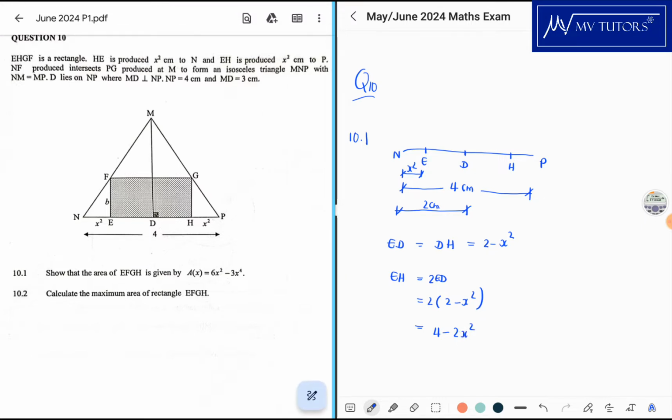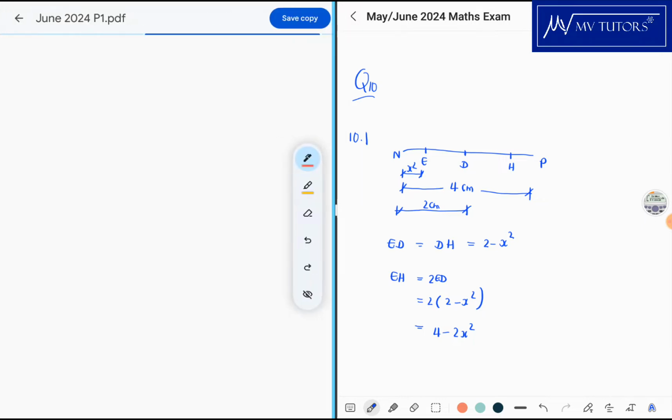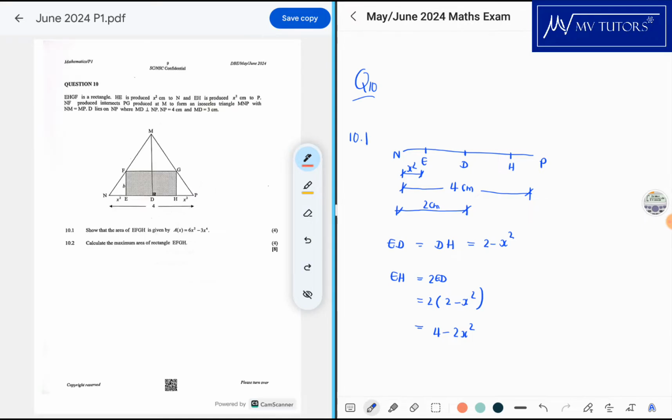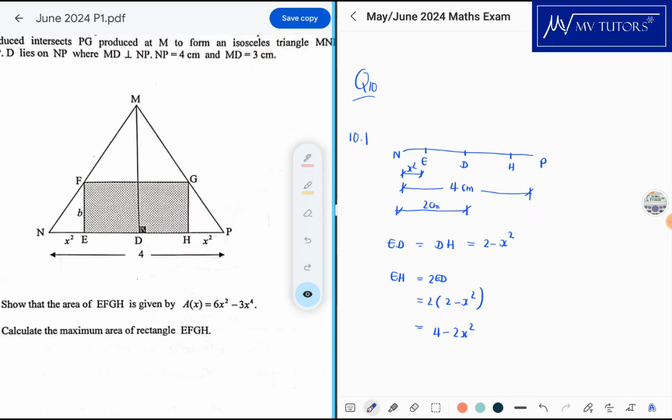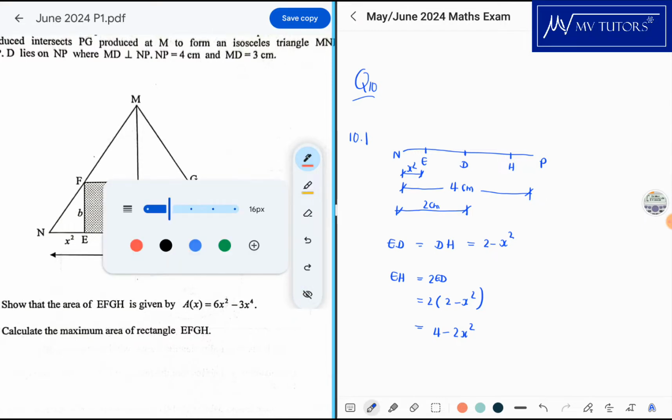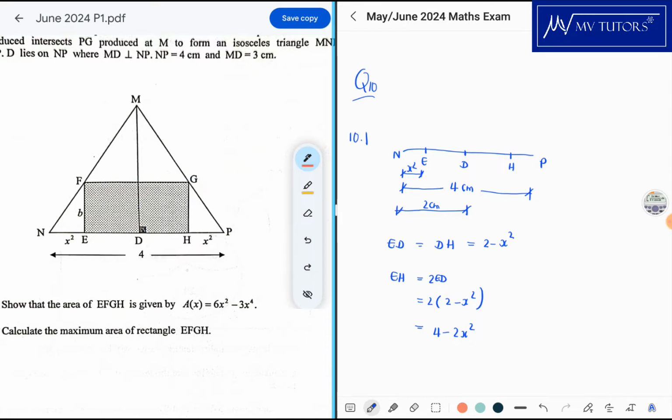Are we good with that? Let me just indicate it on the drawing so that we know what we are working with. Let me make it a bit bigger. So EH is 4 minus 2x squared.